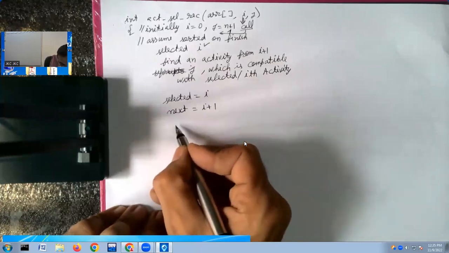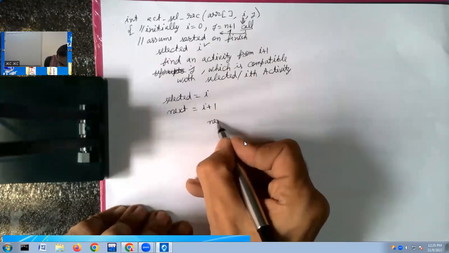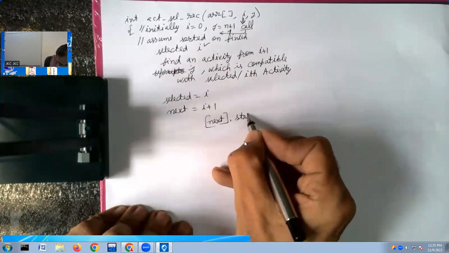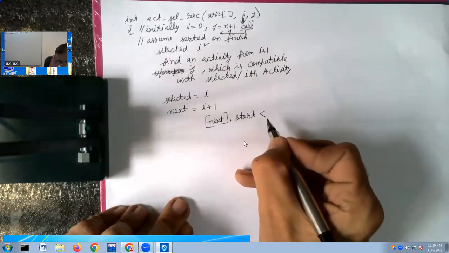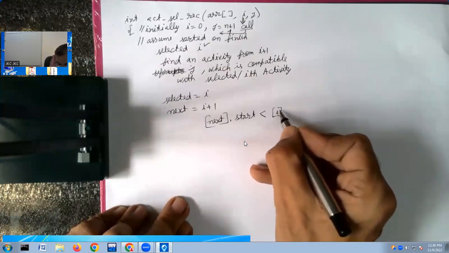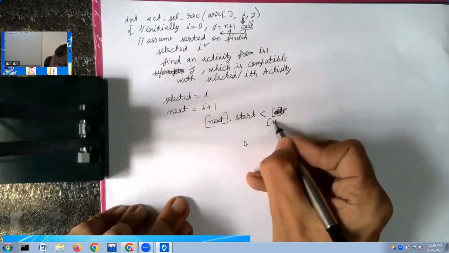Then obviously now I have to check correspondingly whether the next job's or next activity's start time is less than the ith job's finish time or selected finish time. I'll say selected or ith, whatever you write is one and the same thing.